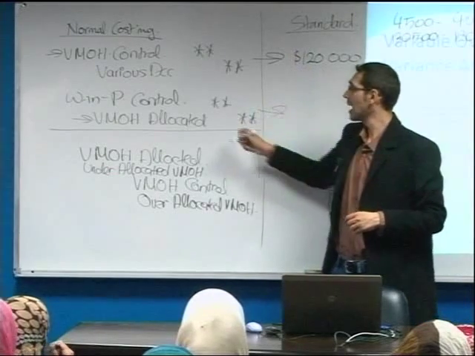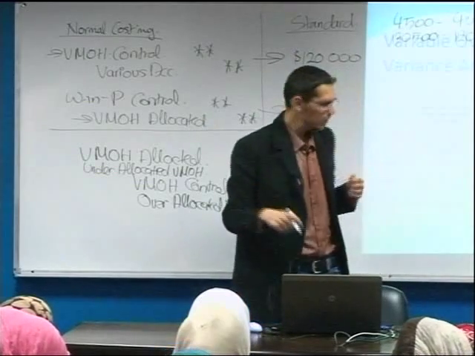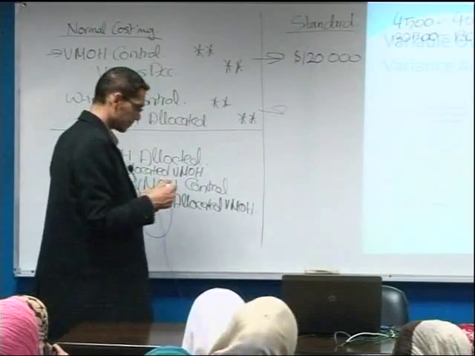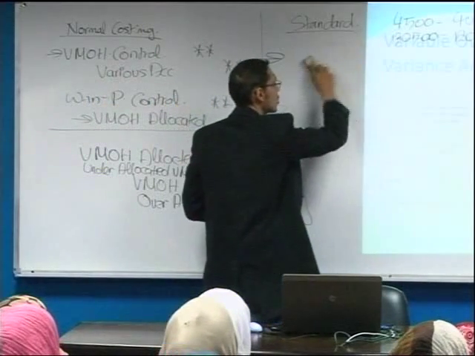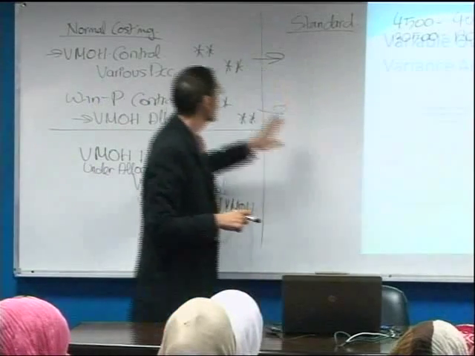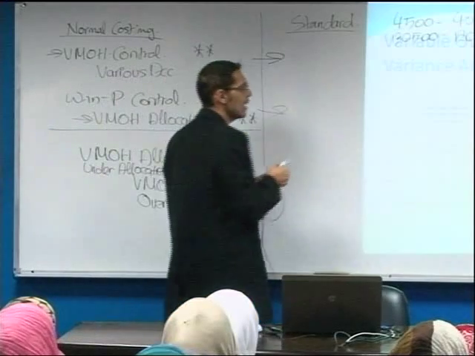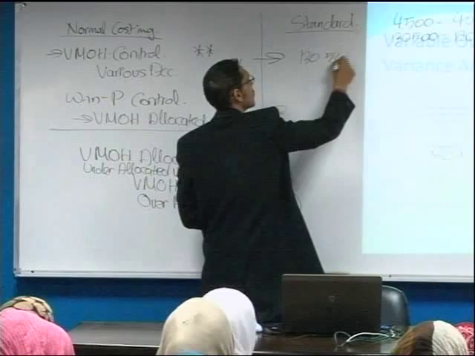Now, the allocation would be according to what? Sorry. These are the actual. This would be the actual cost, not the standard cost. Therefore, the variable manufacturing overhead control, which is the actual cost, would be by the actual number, 130,500.